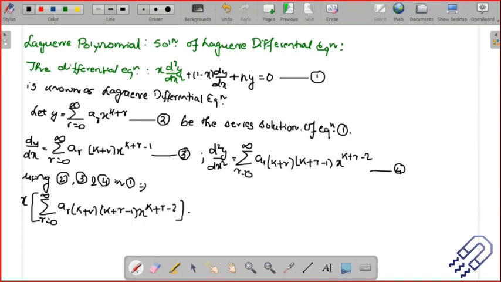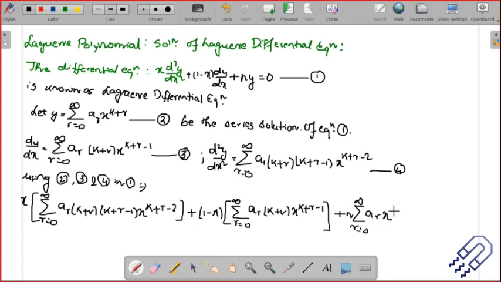And then we can write down plus (1 minus x). I would suggest all of you, when you write in your exam also, at least do it in detail. Important, don't make mistakes, and at the same time you score better. This would be a_r (k plus r) x to the power k plus r minus 1, right, plus n summation r is equal to 0 to infinity a_r x to the power k plus r is equal to 0.